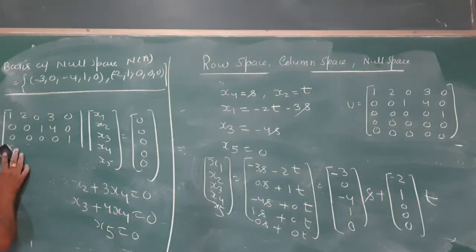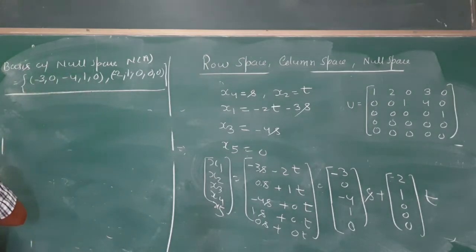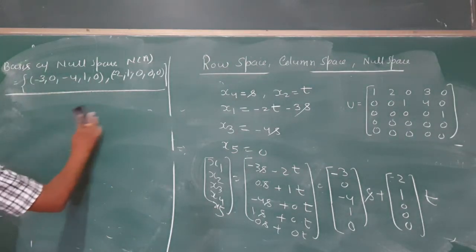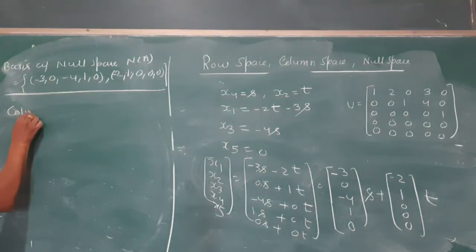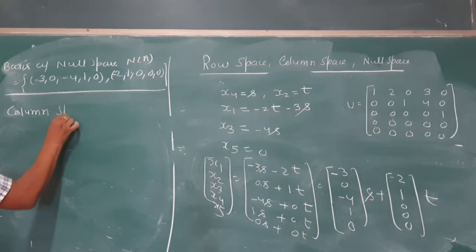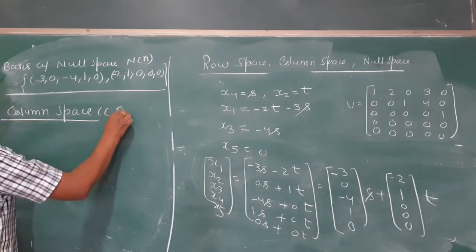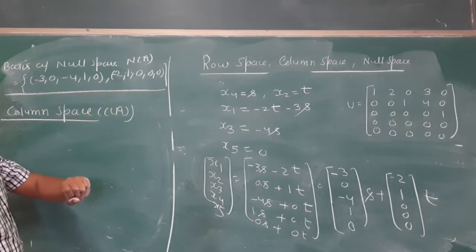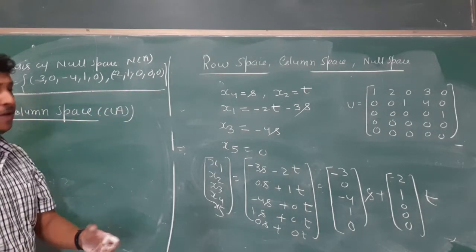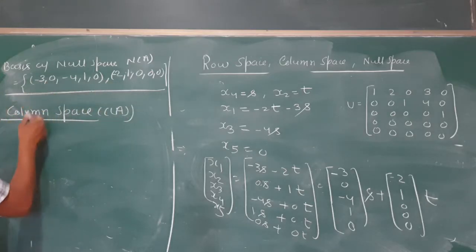Now, our main and third task. What is the third task? To calculate column space. How do we calculate column space? Take C1, C2, C3, C4, C5 and write the equation form using null space. So what do we get?